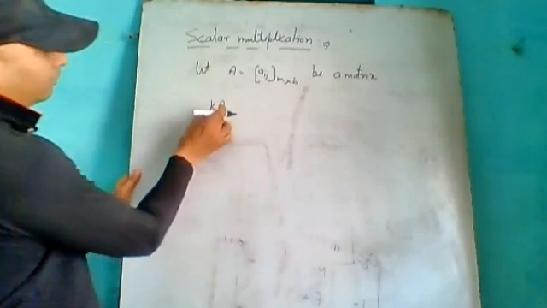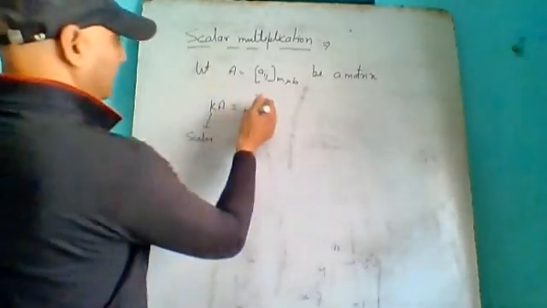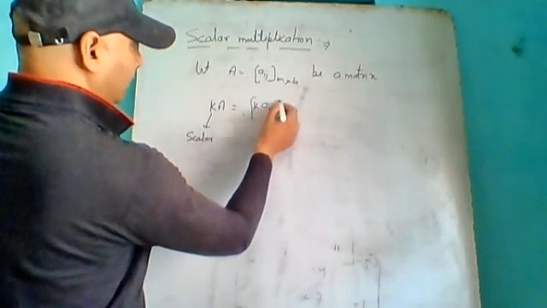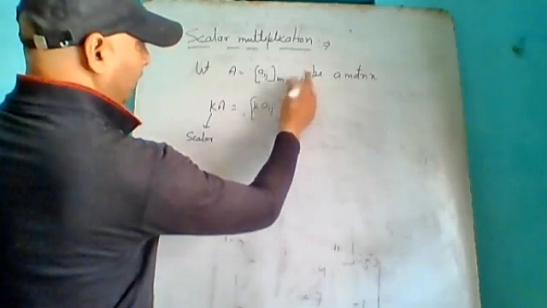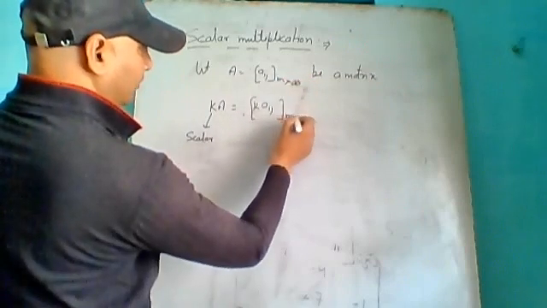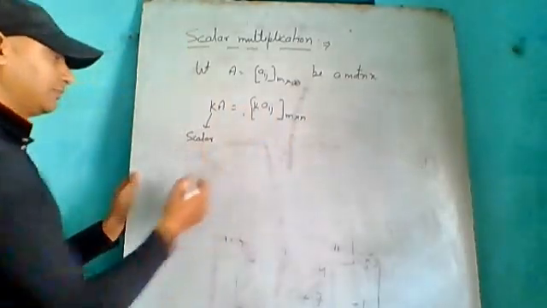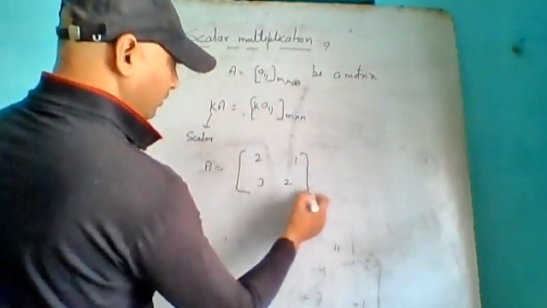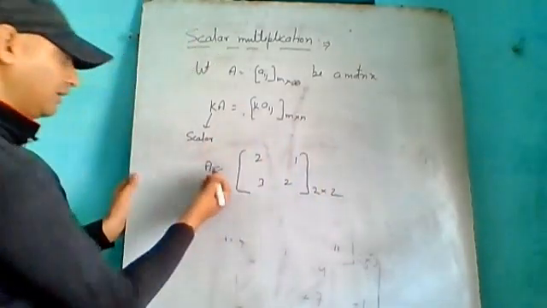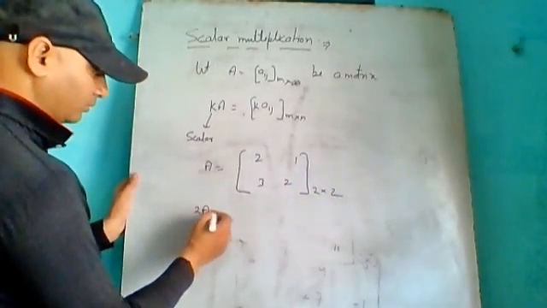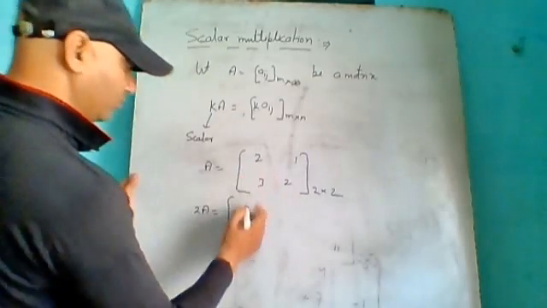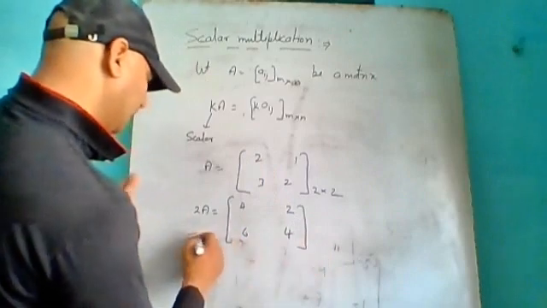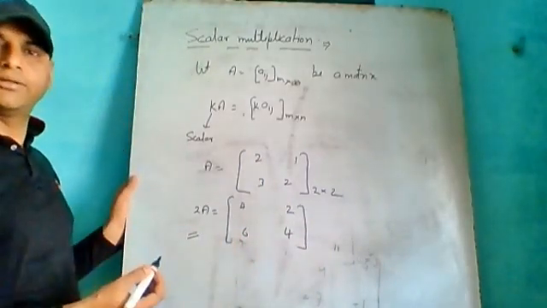When we multiply the matrix A by K, it means K times A ij, that is, K multiplied by the whole matrix. For example, suppose that the matrix A is 2, 1, 3, 2, a 2 by 2 matrix. Suppose that you multiply by the scalar 2. So 2A is 4, 2, 6 and 4. This is known as scalar multiplication of a matrix.